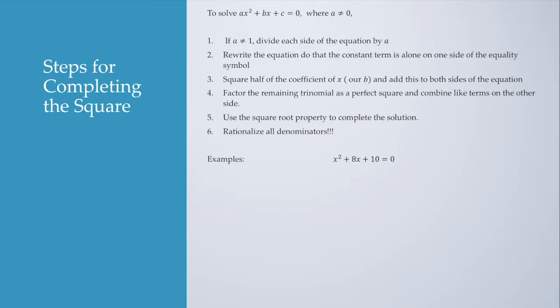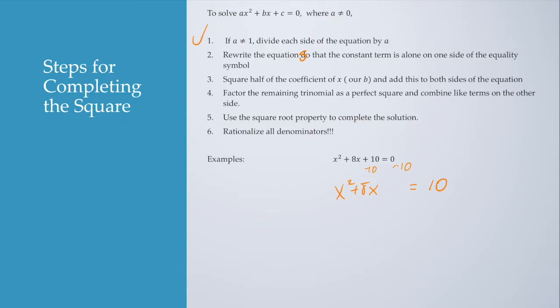Step 1. If a doesn't equal 1, divide each side of my equation by a. Okay, cool. Next, rewrite the equation so that the constant term is alone on one side of the equality. So I'm going to subtract 10 from both sides. So I have x squared plus 8x equals negative 10.